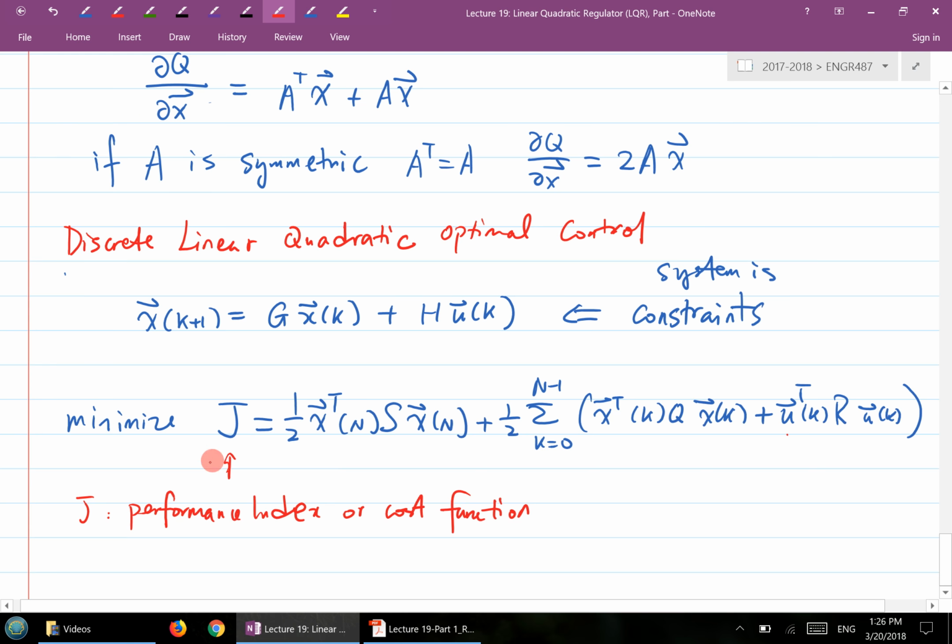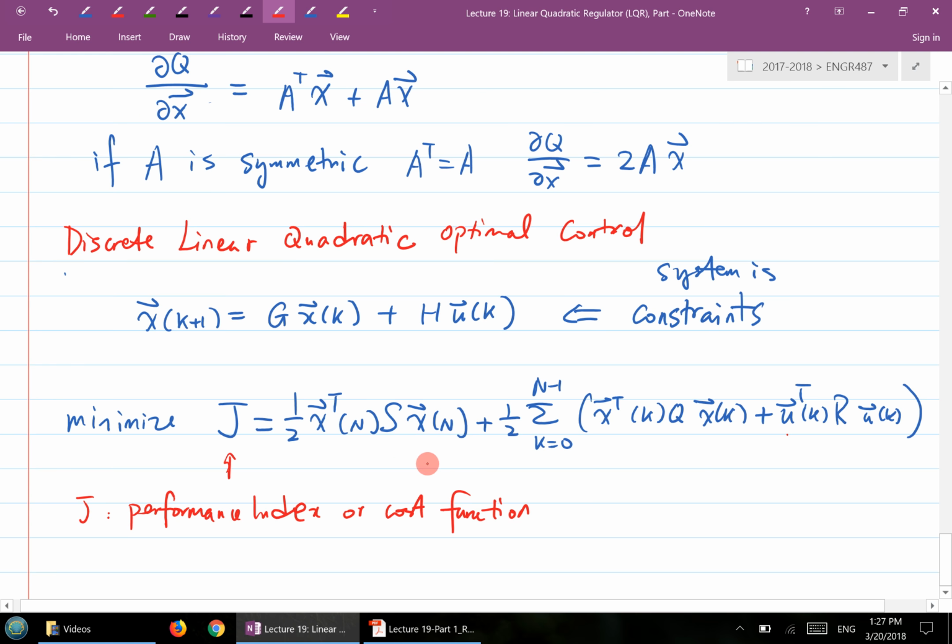And this is subject to the original system state equation. If you map to the simple question, you have a function f of x, y that you're trying to minimize, subject to a simple constraint. Now here we have a relatively more complicated constraint, but it's still the same statement, isn't it?